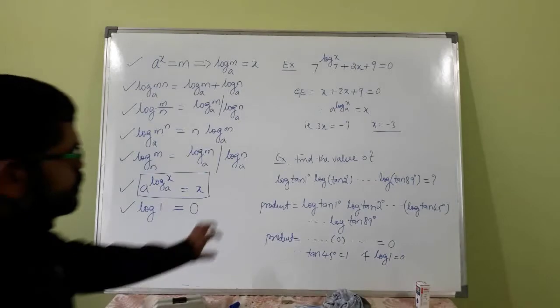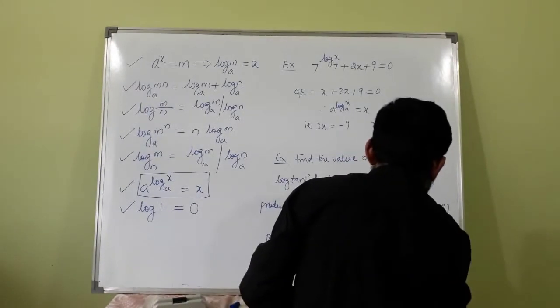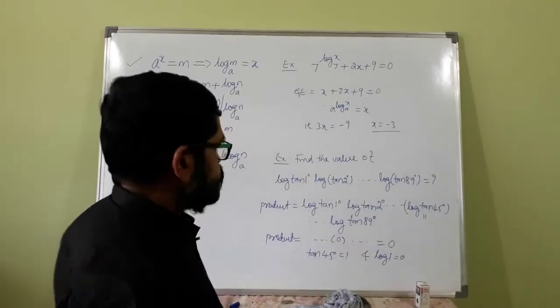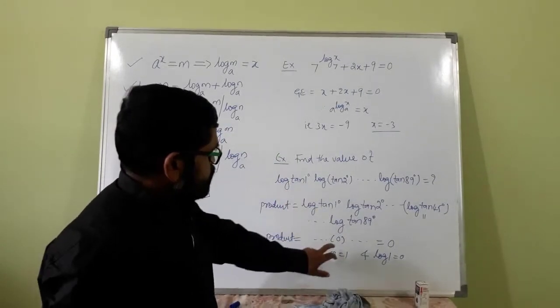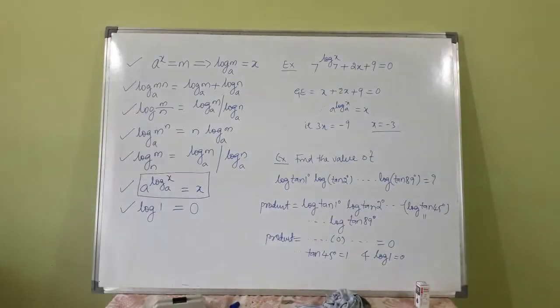If any factor in the product is 0, the value will be 0. So this turns out to be log 1, that is equal to 0. 0 into the product of anything is 0.